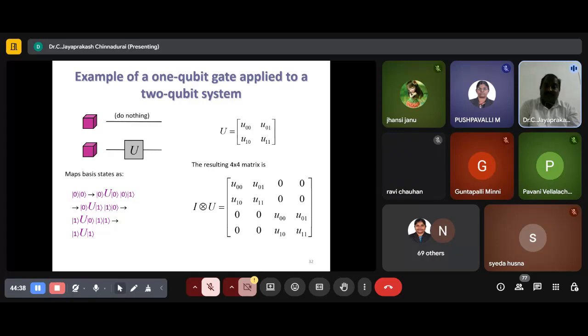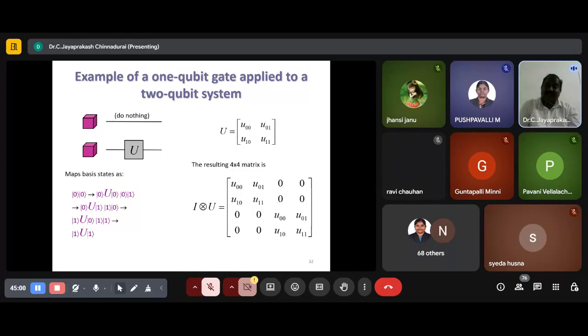Once we make the product of I with u, we already know the values u 0 0, u 0 1, u 1 0, u 1 1. That is the value of u. And for 2 qubits, previously we discussed the output 1 0 0 0, 0 1 0 0, like that.